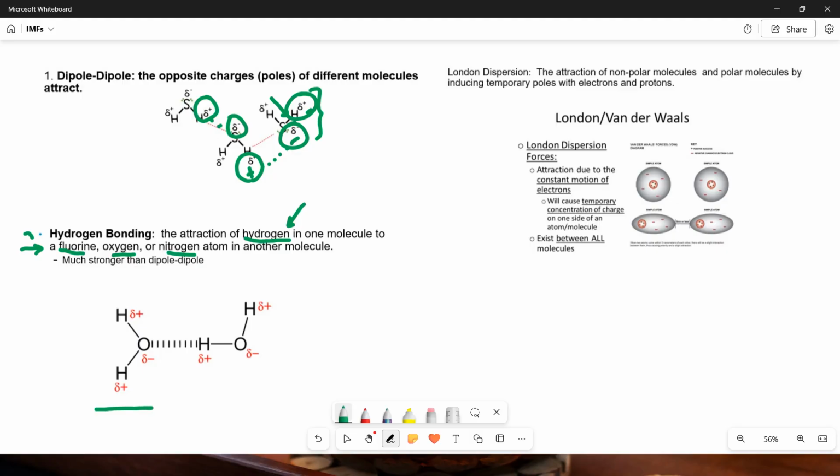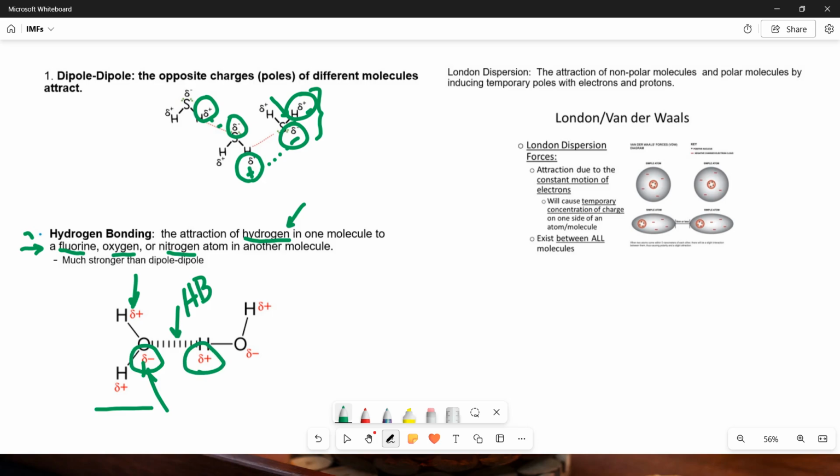So here we see water. Water is the classic example of hydrogen bonding. We have the partially positive side of water, the partially negative side of water, and it attracts with hydrogen bonding to the next molecule. So the partially negative attracts to the partially positive.